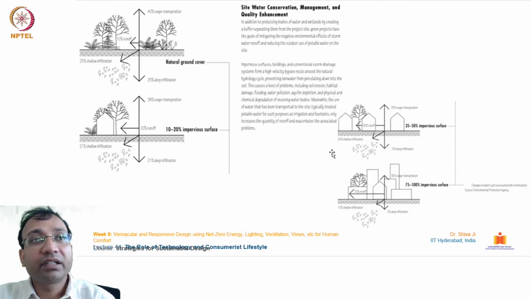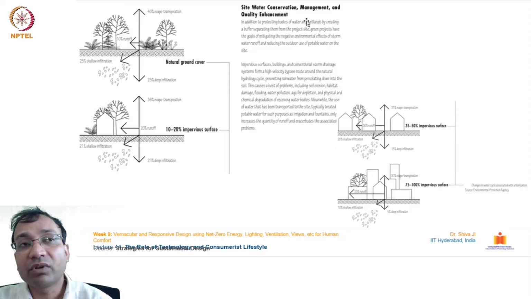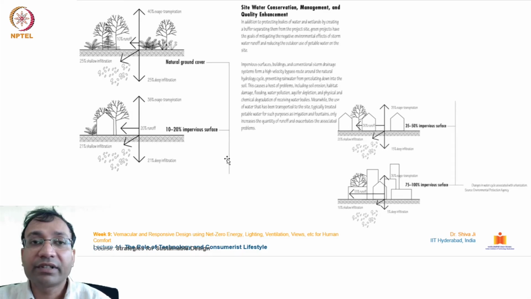Next, we can focus on site water conservation management and quality enhancements. How we pave the surface matters, and how we can plan to pave in such a way that water keeps penetrating into the top layer of the surface.